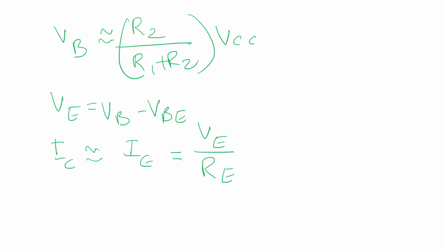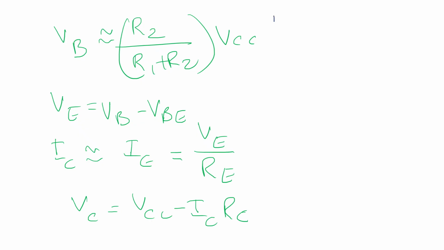The IE value will be equal to the voltage drop at the emitter terminal divided by RE. Therefore, the VC value will be equal to VCC minus IC RC.